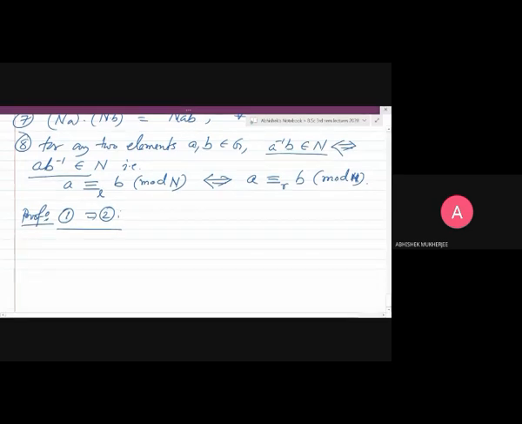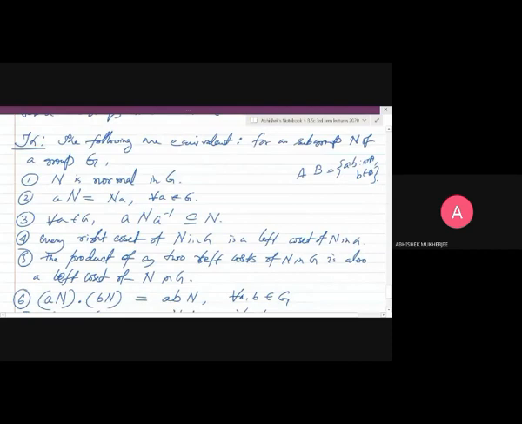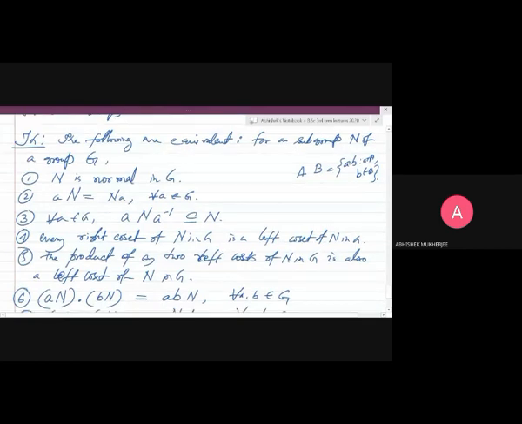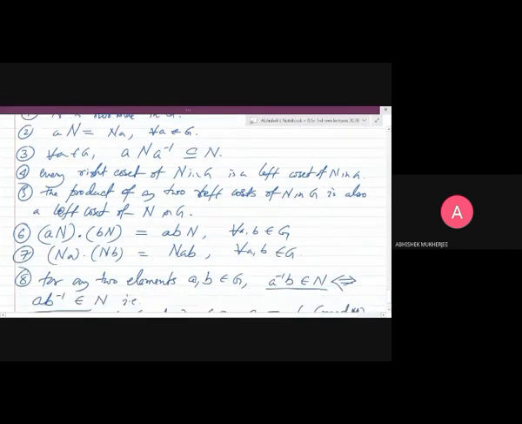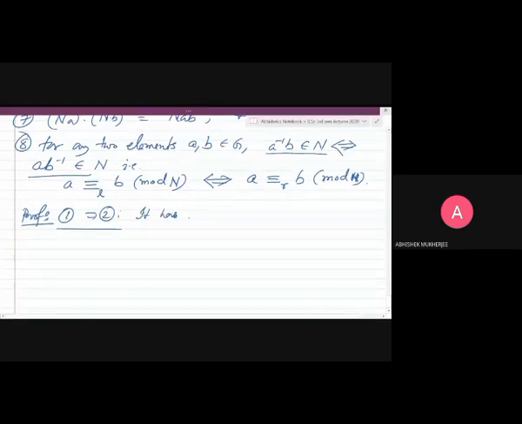So 1 implies 2 means if N is normal, then aN equals Na, and that we have already proved. It has been proved.